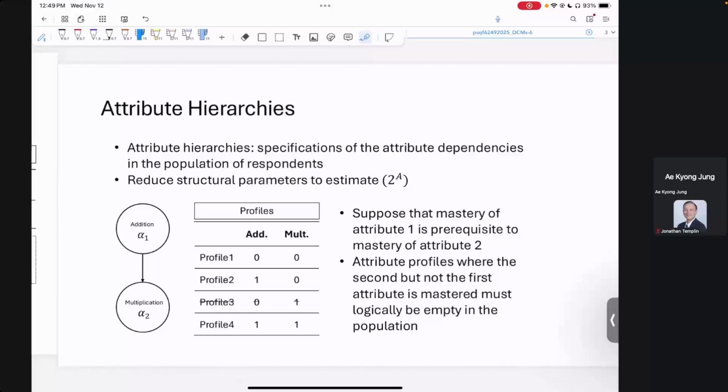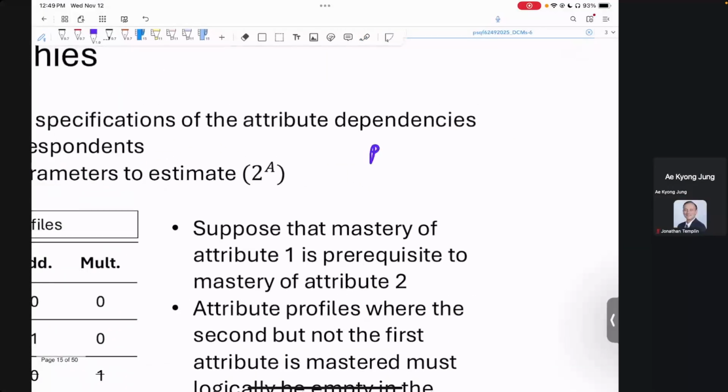As I said, the latent trait profiles and classes number 2 to the A, but that is very many to estimate. The estimates are like the probability of being assigned to class 1, the probability of being assigned to class 2, the probability of being assigned to class 3.